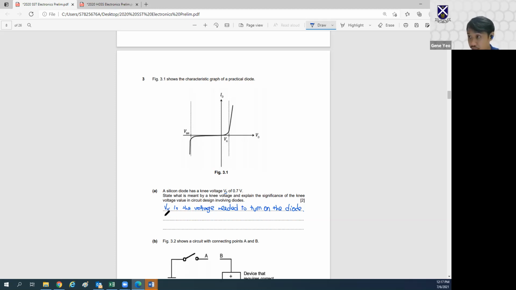Basically, you must ensure in a circuit, the supply voltage must be greater than Vk for the diode to work. Okay.